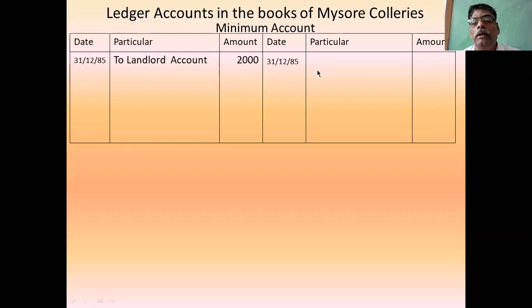Credit side by royalty 500, by short working 1,500. Close the account, total 2,000.